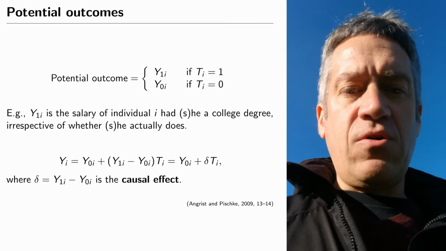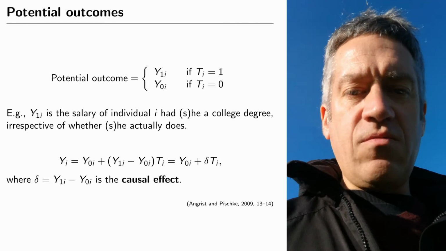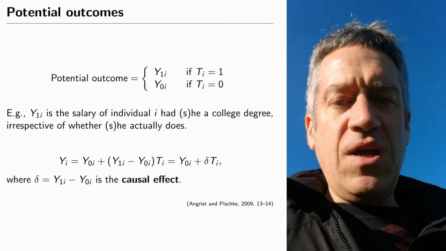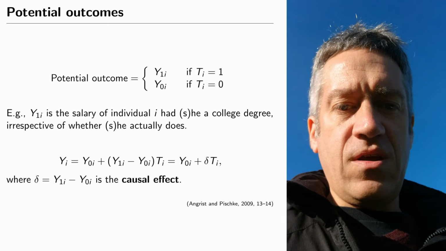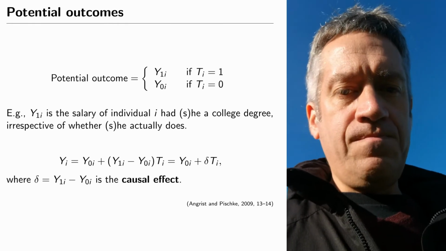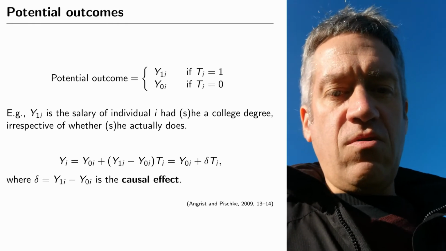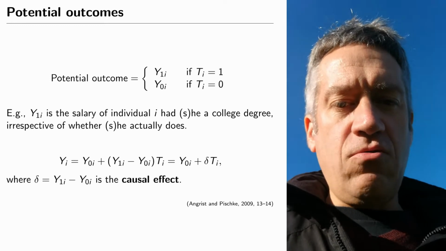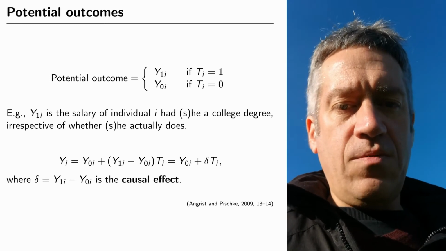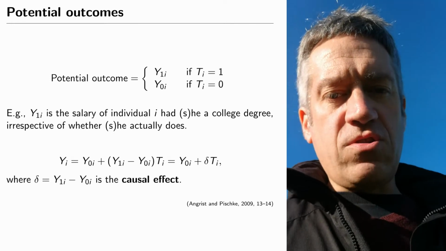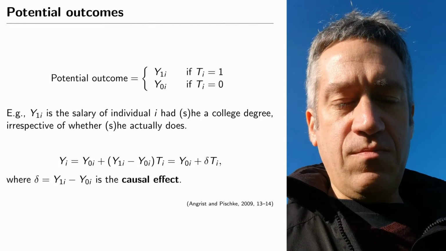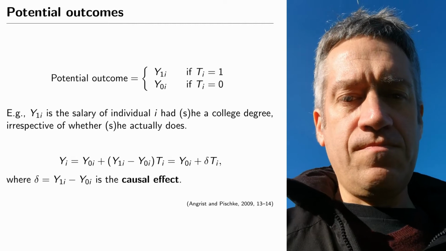And so we can talk about y1i, which means for the ith respondent, the outcome of y if the treatment is 1. Or y0i, and this is the outcome of the dependent variable for the ith individual when the treatment is 0. And one of those two is observed and one of those two is not. But mathematically we can talk about both.